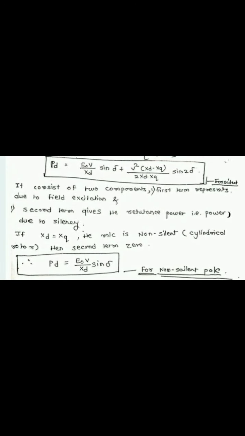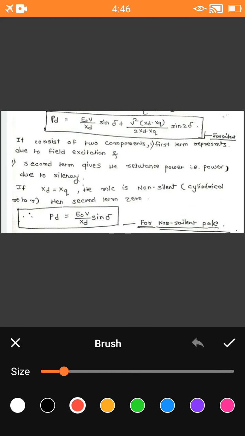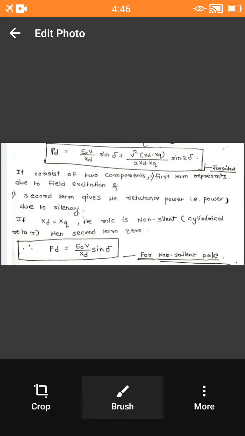The first component represents the power due to the field excitation, and the second component gives the reluctance power, that is power due to the saliency.